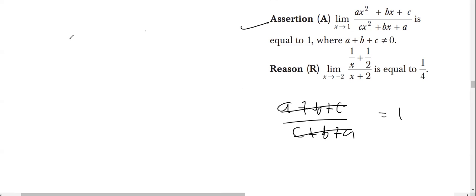Now let's come to the reason here. If I take the LCM over this part, I'll get this as (2 plus x) over 2x into 1 by (2 plus x), or x plus 2, which is the same thing. So this gets cancelled, and we have to place limit x as -2.